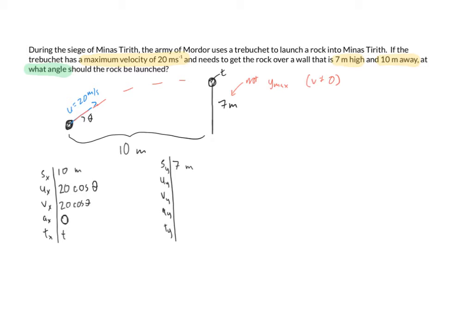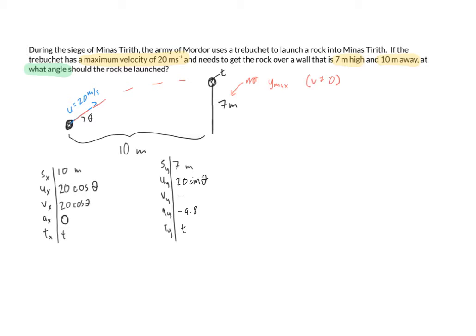My initial velocity in the y direction is going to be 20 times the sine of my mystery angle. I don't know anything about the final velocity in the y direction, but I know my acceleration is negative 9.8, and the time for the y direction is the same as the time in the x direction because my rock can only exist at one point in time. Or, to clarify, my rock can only exist at one point at any given time.